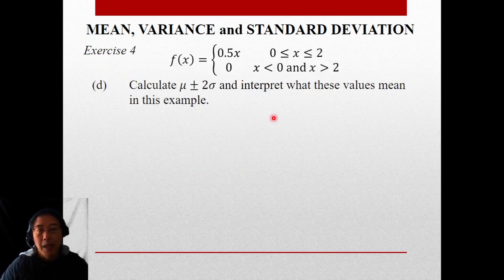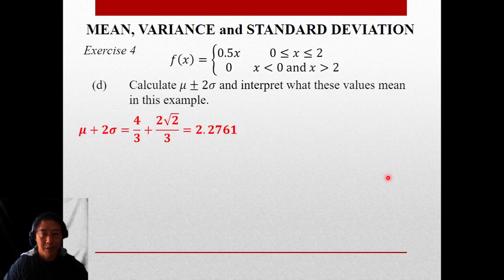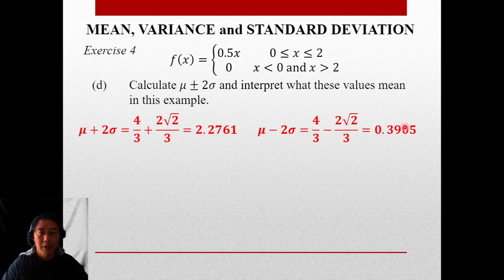Alright, calculate the boundaries within two standard deviations, below and above, and then we write a statement to explain what it means. So we have our upper boundary here, a lower boundary. Therefore, the probability of the random variable x being within that value and that upper value, which is written here, is close to 95%.